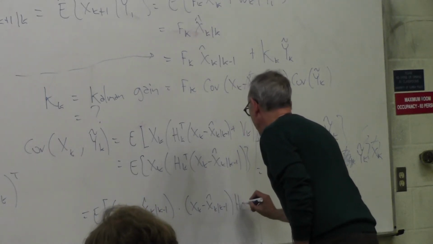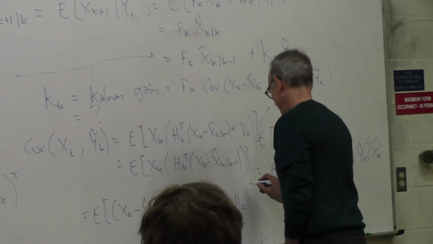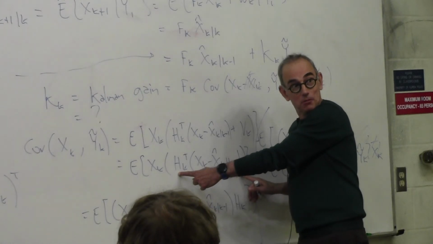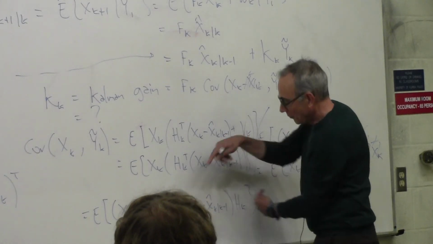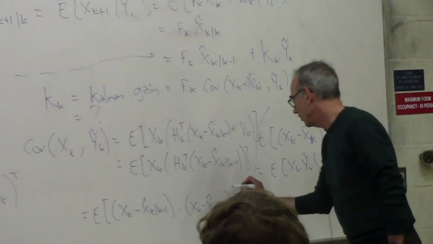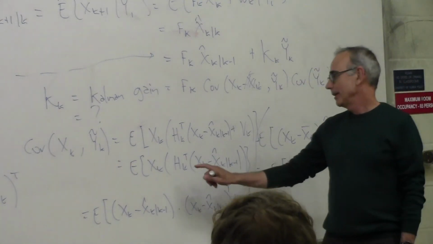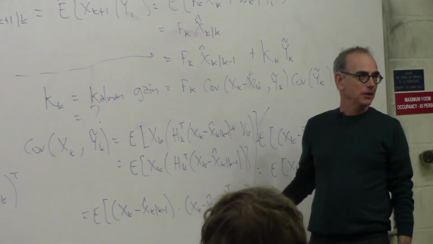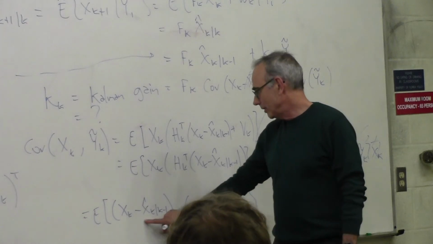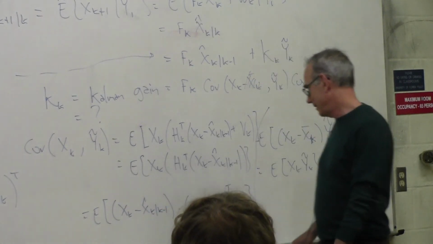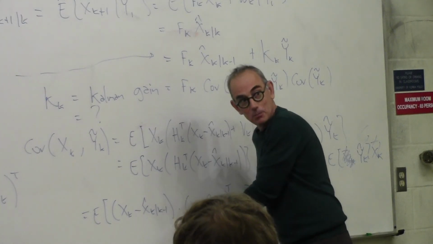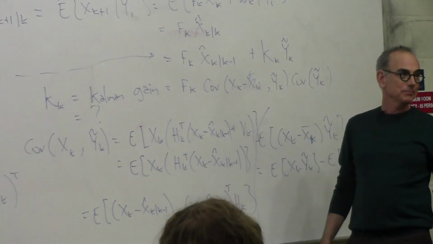And I'm going to blow your minds by doing two things at once. This is a dot product, and we know that A dot B equals B dot A. So I just reverse the order of taking dots. There should be a transpose here, though. Right? So A transpose B is equal to B transpose A. And this error here is orthogonal to that, so that dot product is 0, so I could sneak it in.